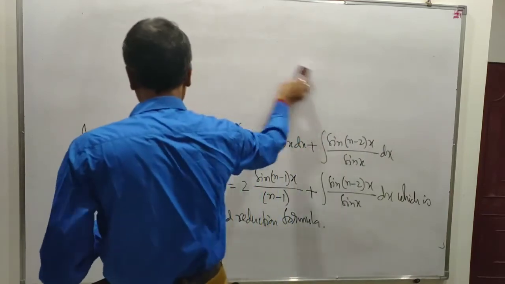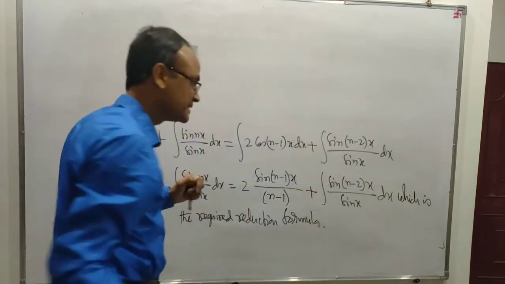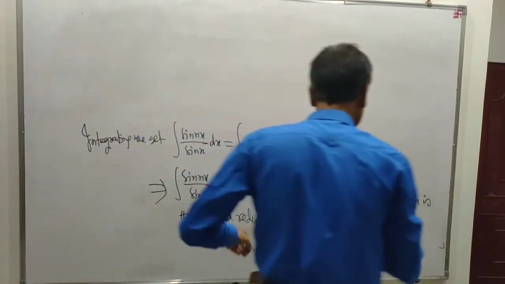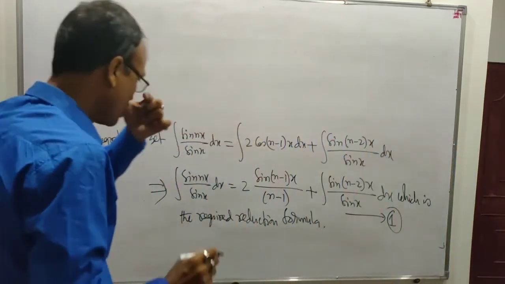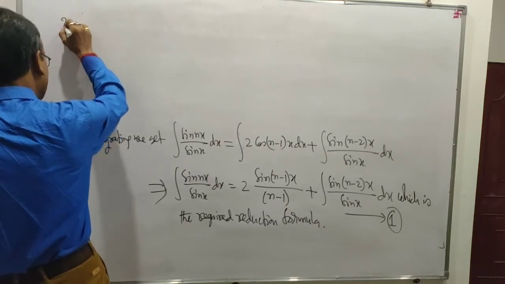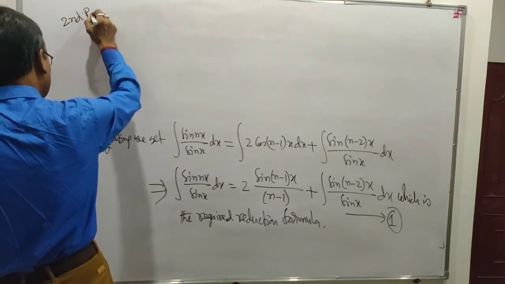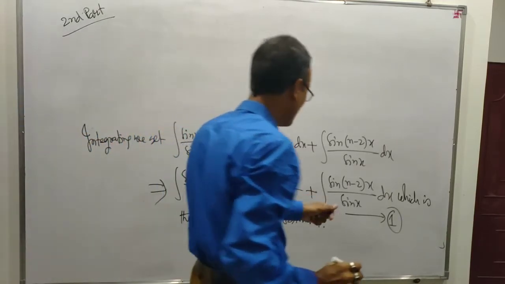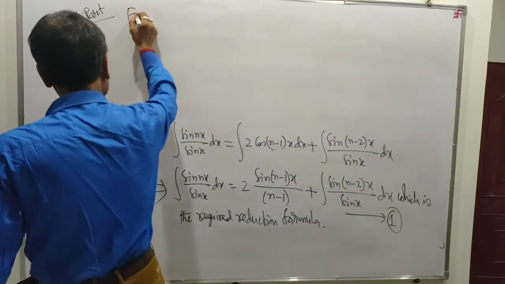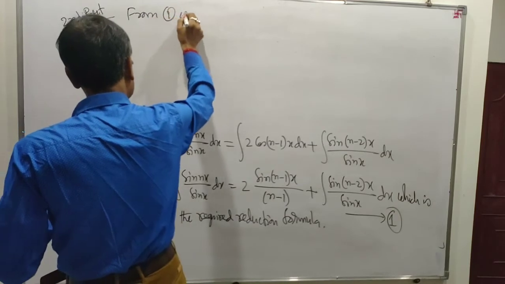We have proved part 1. Suppose this is number 1. From 1 we get, now we are going to answer the second part.